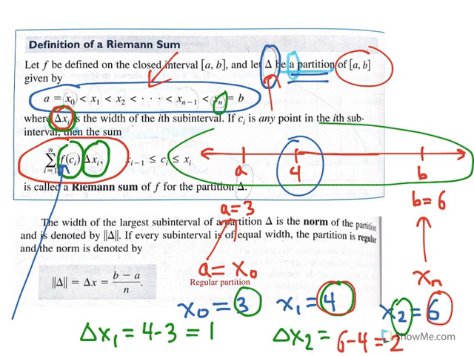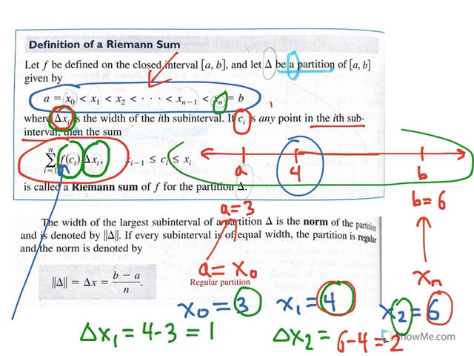Now, the next part of the definition of a Riemann sum states if c sub i is any point in the ith subinterval. In other words, I'm talking about c sub 1, let me make some space up here. c sub 1 could be any point from the first subinterval, and my first subinterval is from x equals 3 to x equals 4.